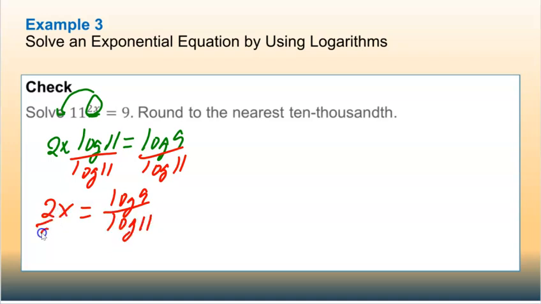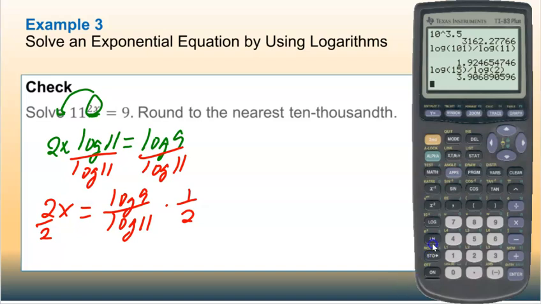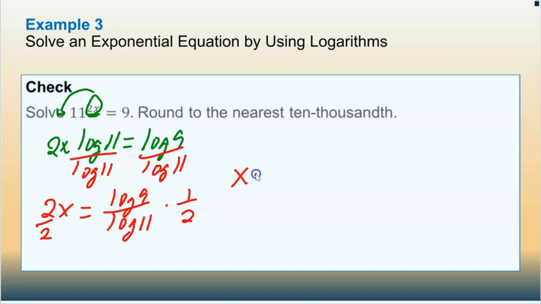And to get x by itself, we're going to divide this by 2, which is the same as multiplying by 1/2. So on our calculator, I'm going to put in parentheses log 9 end parentheses divided by log of 11 end parentheses end parentheses. So I'm going to take all that and divide that by 2. And that gives us 0.4582.